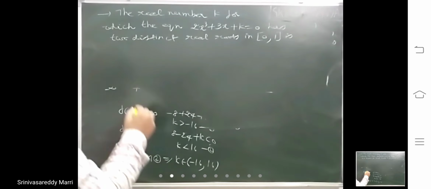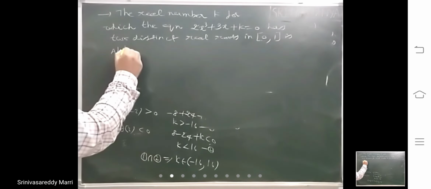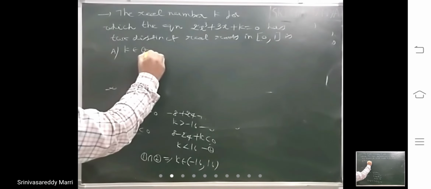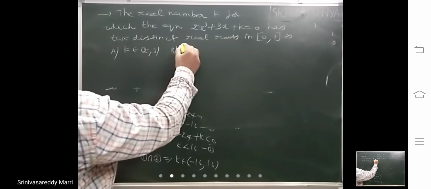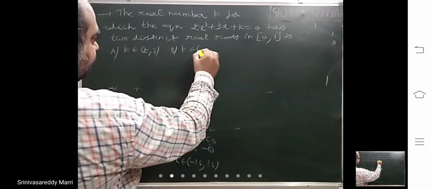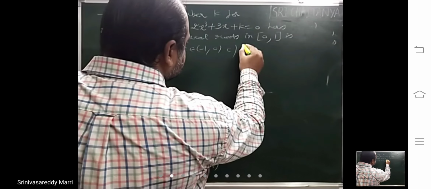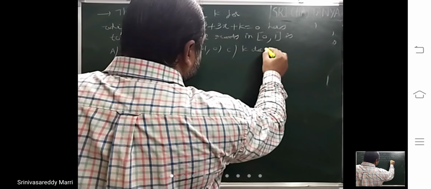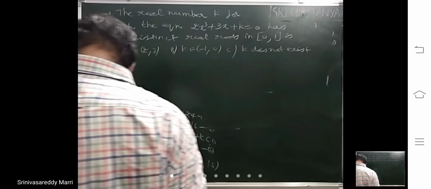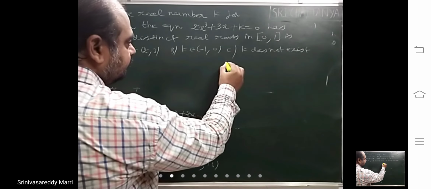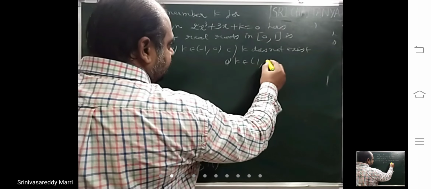Options: A, k belongs to 2, 3. B, k belongs to minus 1, 0. C, k does not exist. D, k belongs to 1, 2.